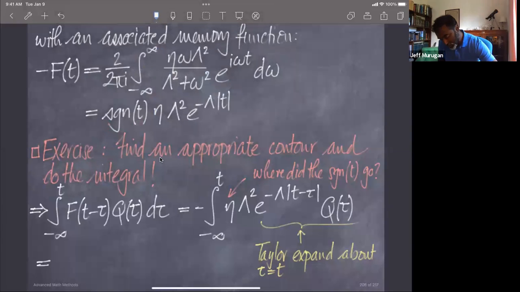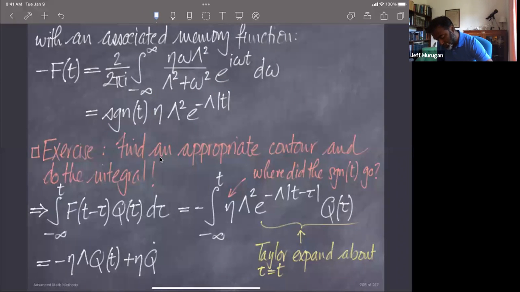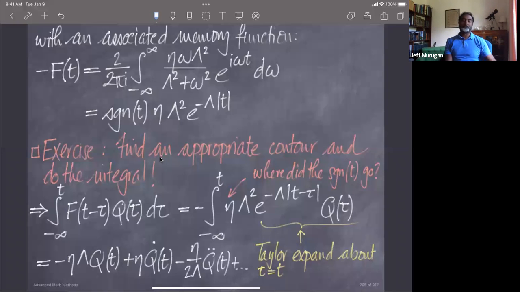And when I do that, I find that this is minus eta lambda q of t plus eta q dot of t minus eta over 2 lambda q double dot of t, etc. Okay, higher order terms.